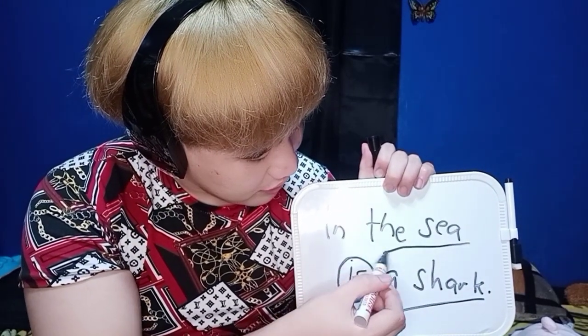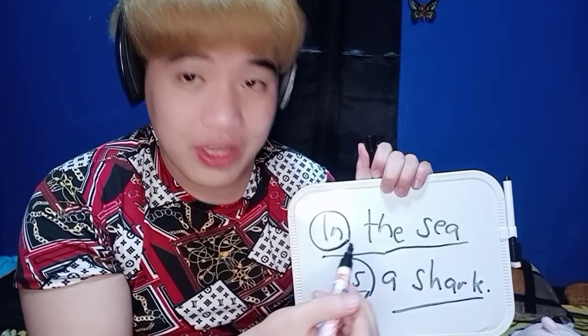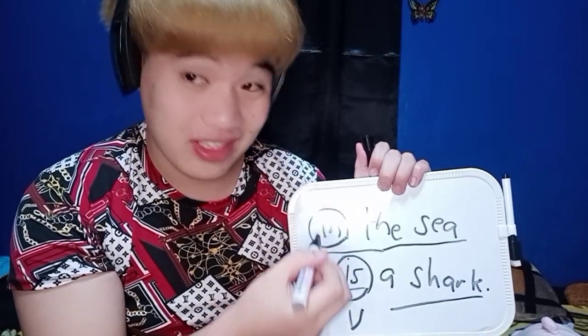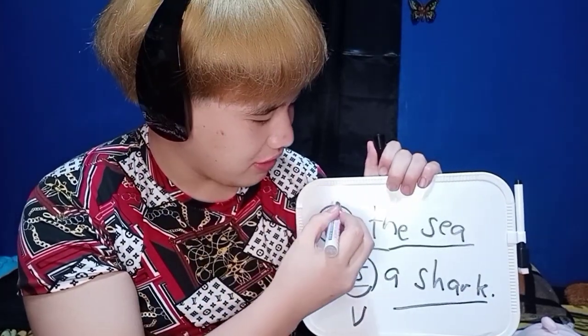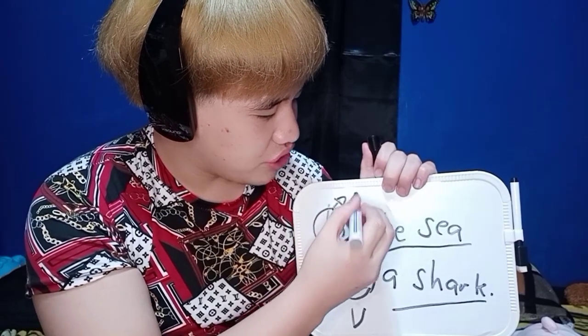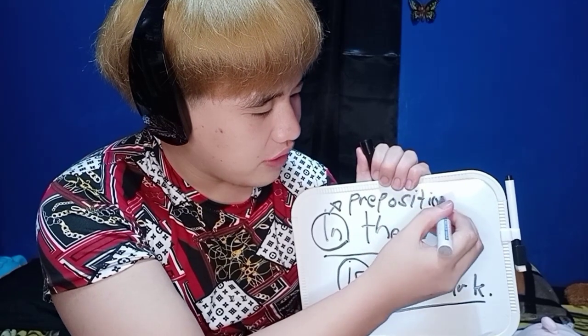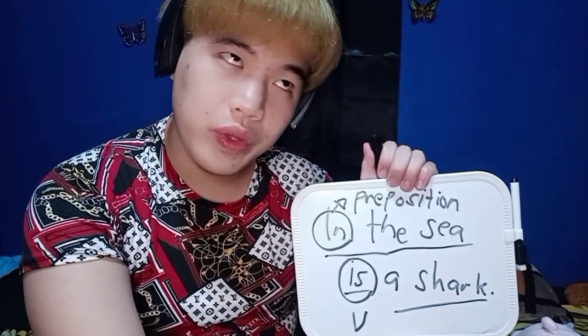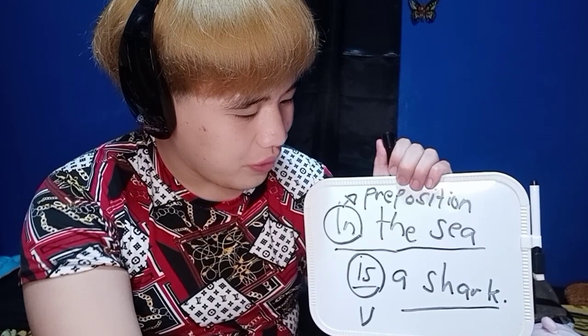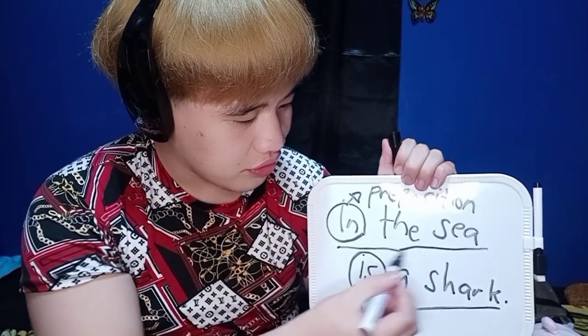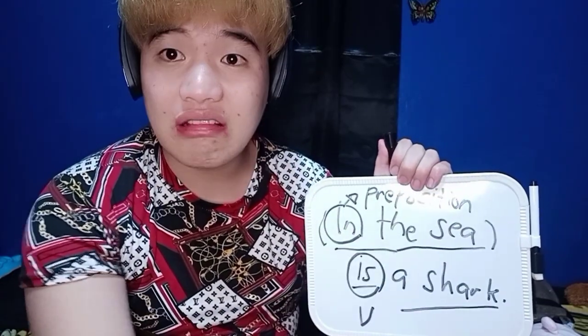However, in this sentence, we're going to determine here, we have an "in." Is "in" a noun? No. "In" is actually a preposition. What is a preposition again? We have in, on, at, with, or whatsoever. So "in" is a preposition, therefore "in the sea" is not a noun.